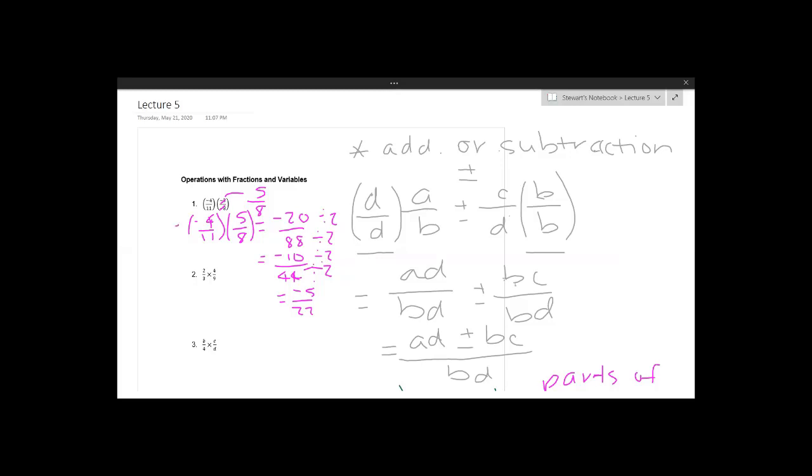Another way to see that without doing all of the simplification at the end: this step is still the same, but if you consider up from this step and you have -4/11 times 5/8, when you multiply them across and they're all one single fraction, you're potentially going to be able to cancel common factors that they would share.